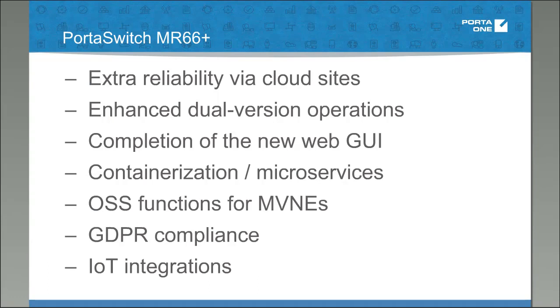We see more and more of our customers interested in using MVNO services or even becoming full-scale mobile operators. So to accommodate that, we will add some functionality which is typically attributed to the OSS, specifically provisioning data into mobile networks like we do with Porta.